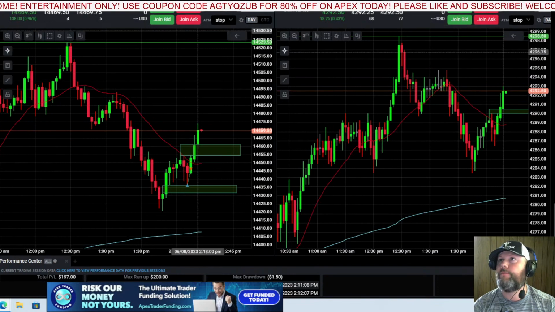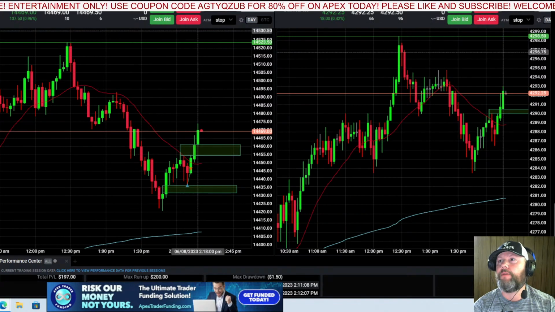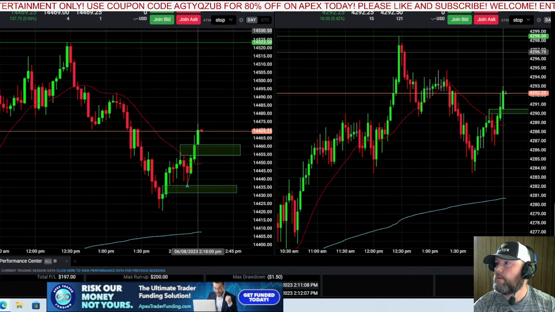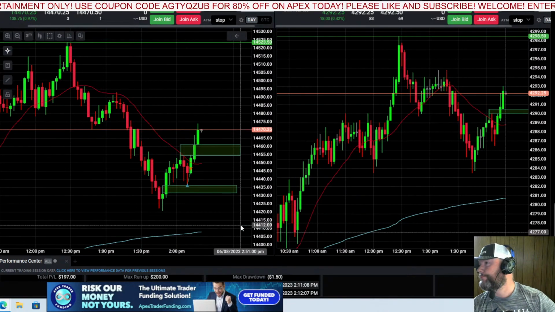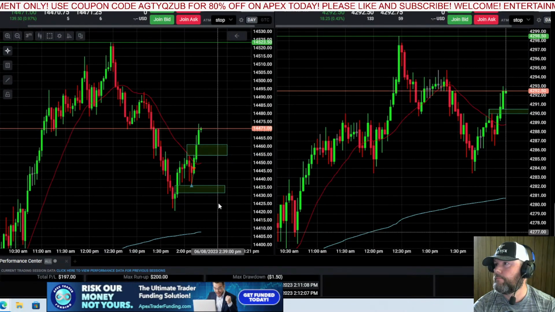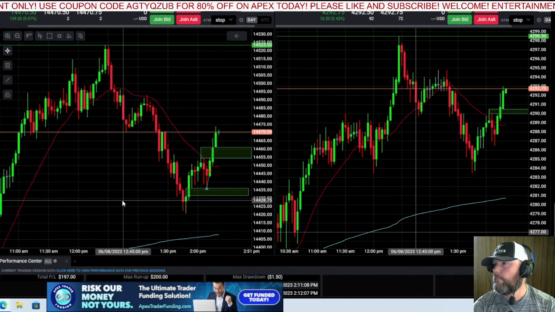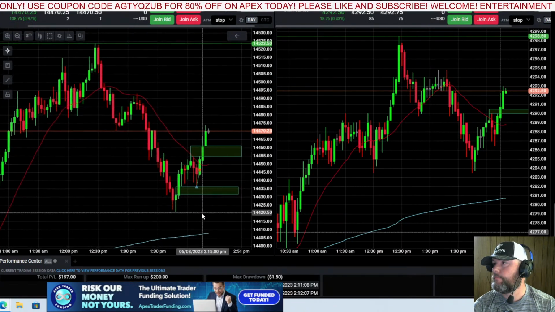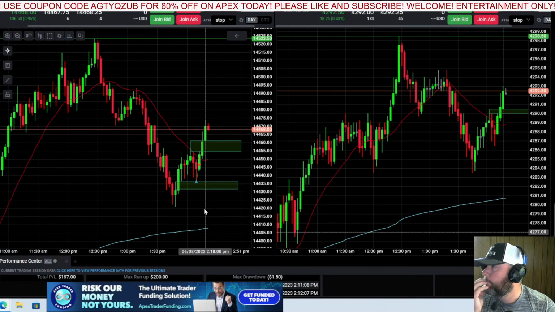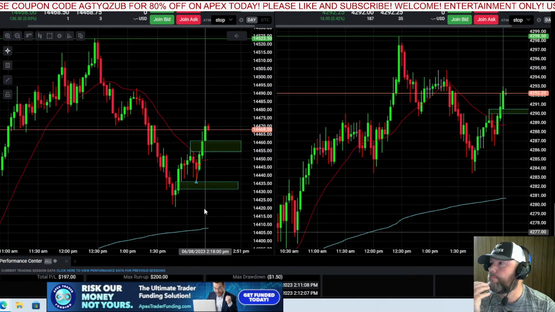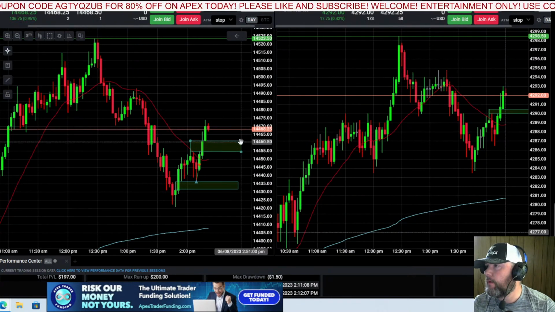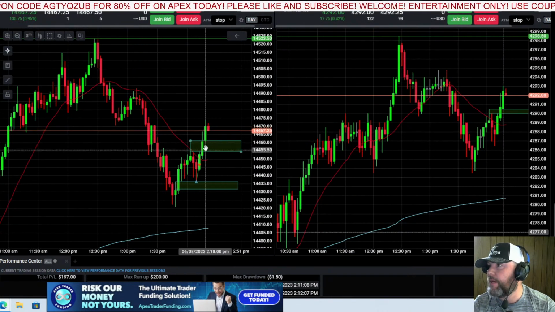All right, the gaps have formed now, so we'll see what happens. See if price wants to trade back into those or not. I'm going to wait and see how price reacts to this gap.